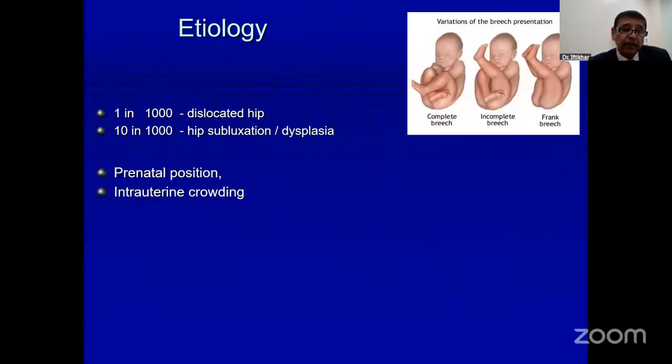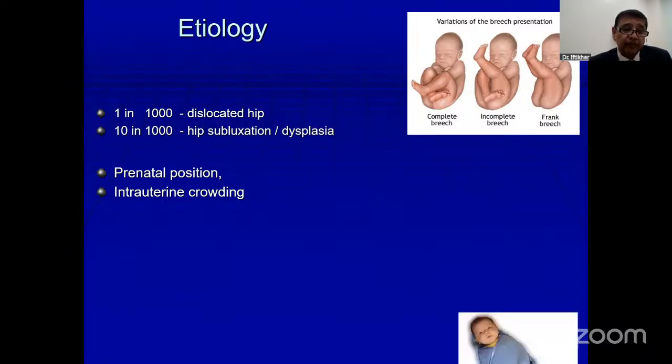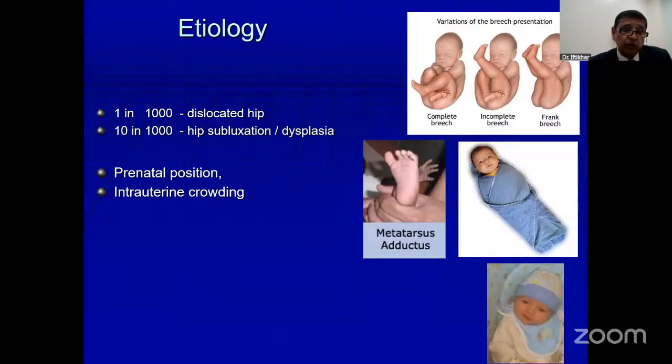It could be prenatal positioning, that is intrauterine crowding of the babies, which can predispose to dysplasia of the hip. There could also be other conditions like metatarsus adductus or torticollis, which you could keep in your mind during your screening.